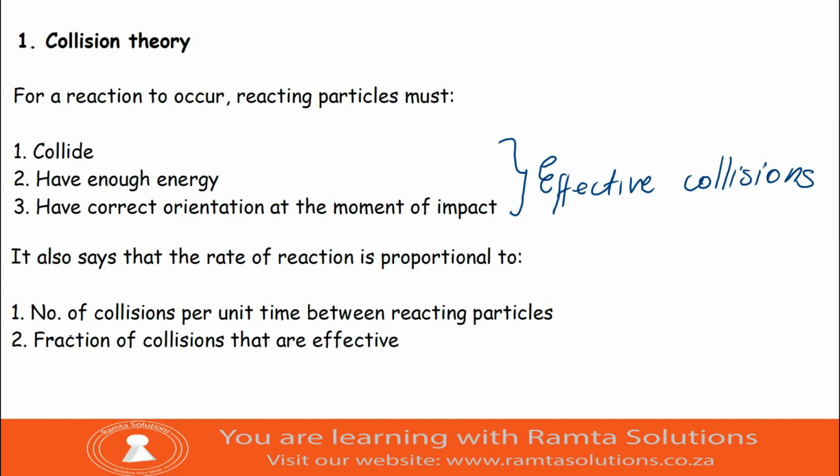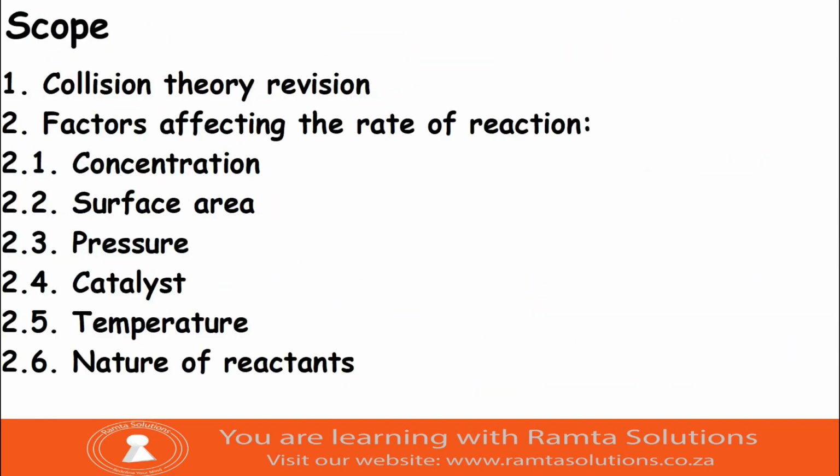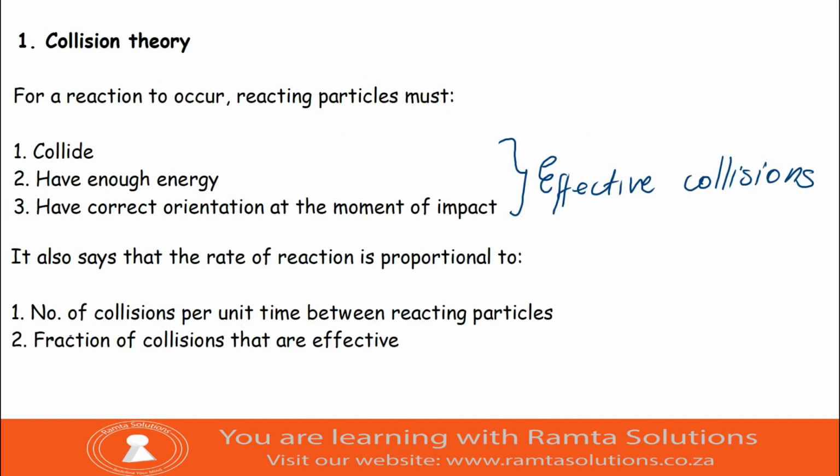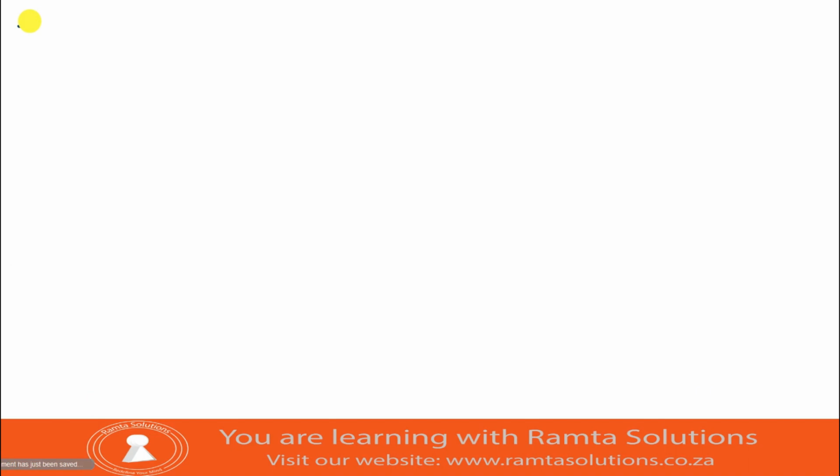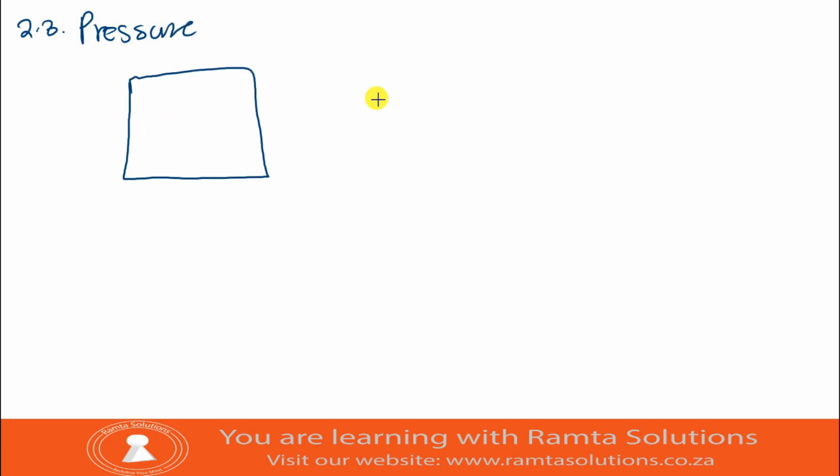Okay, now the third aspect is pressure. So 2.3, we're looking at pressure. Now, I'm going to give you a scenario again. Let me make the other container smaller.